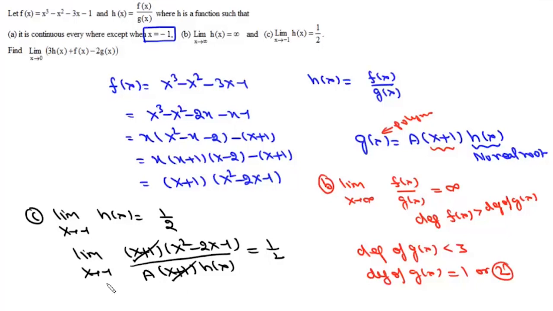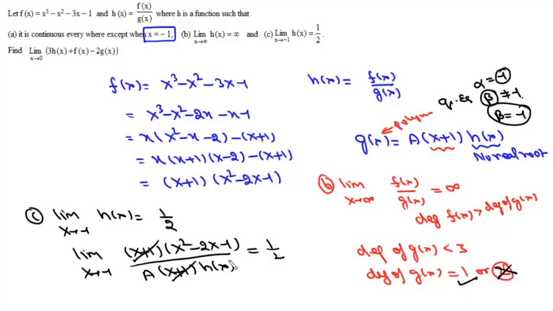Now from here we can say this degree of g(x) cannot be 2, because if it is 2, then it will be a quadratic equation, and this quadratic equation will have two roots, alpha and beta. Now one of the roots is minus 1. Now if the second root is not minus 1, then this function will be discontinuous at 2 points, minus 1 and beta. If we take this beta as minus 1, then this limit won't be finite, it will be an infinite limit. So that means degree of g(x) can only be 1.